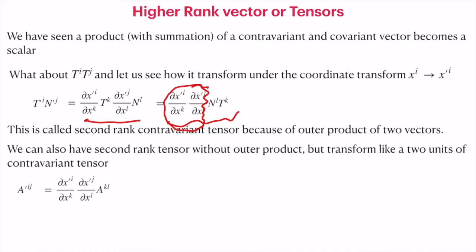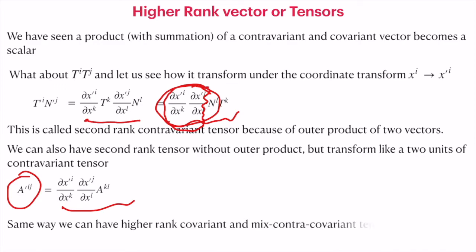So in general, without having to multiply the same vector, we could have a quantity which transforms with two orders, for example A'^ij = (∂x'^i/∂x^k)(∂x'^j/∂x^l) A^kl. So you can see this transforms like a second rank contravariant tensor.